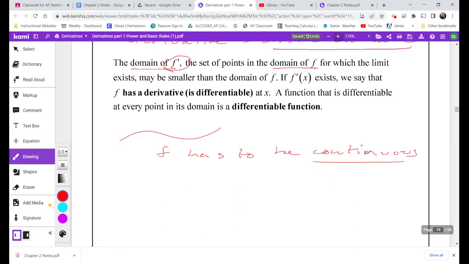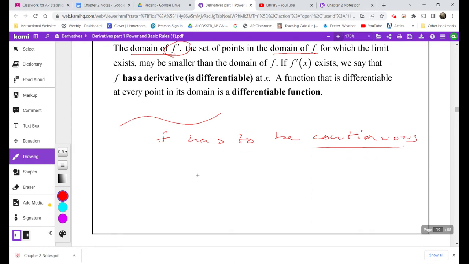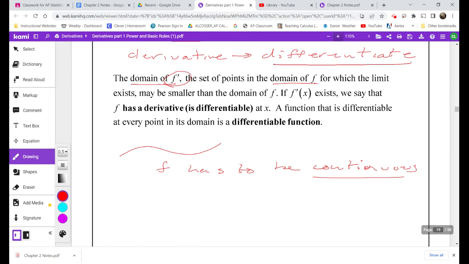If it's not continuous, then it's not differentiable. That's what all this mumbo jumbo says. You can't have breaks in the line, so we may have to set domain limits or domain boundaries.